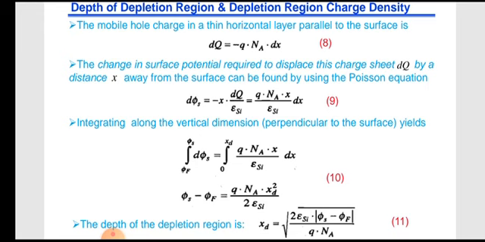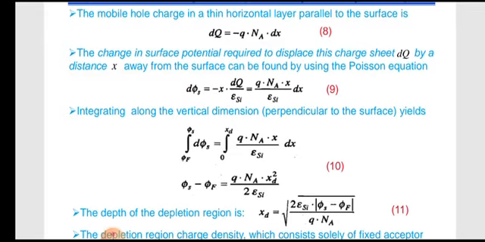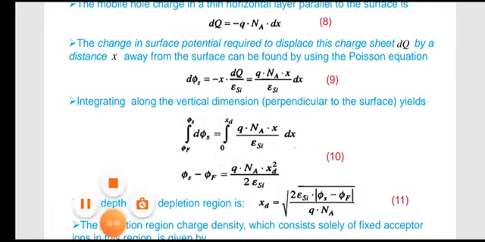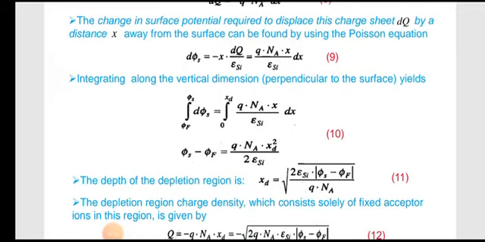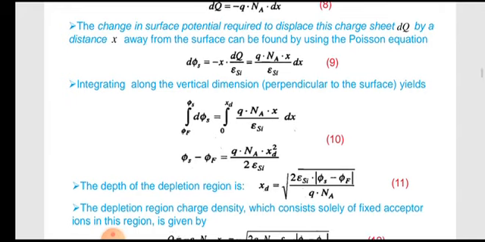The change in surface potential required to displace the charge sheet dQ by a distance x away from the surface can be found using Poisson's equation: d phi s is equal to minus x dot dQ upon epsilon si, which is equal to q into Na dot x upon epsilon si dx.